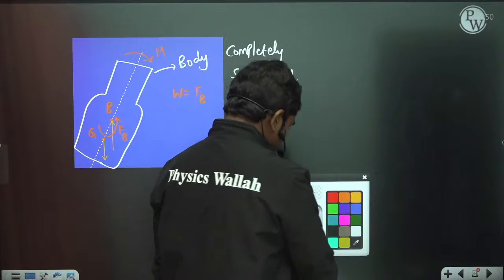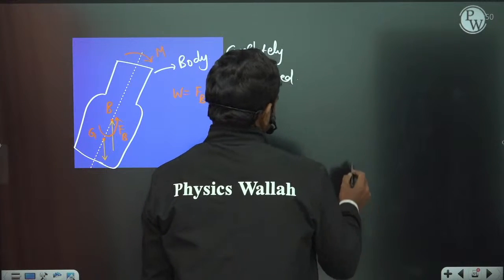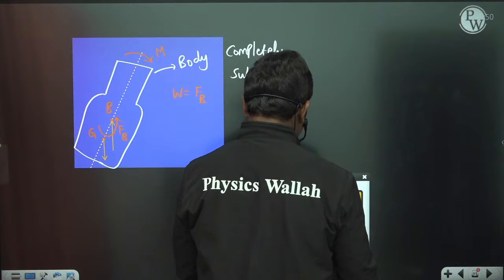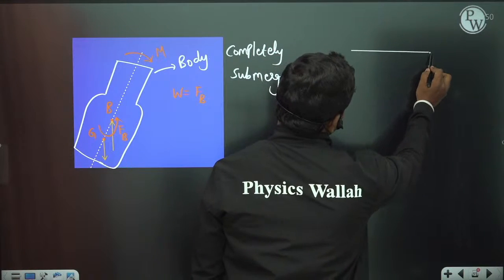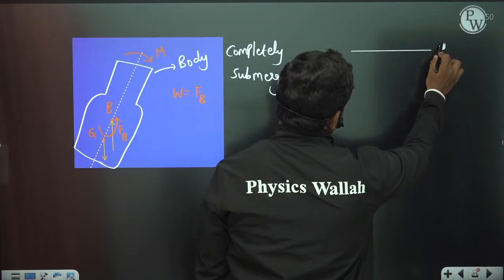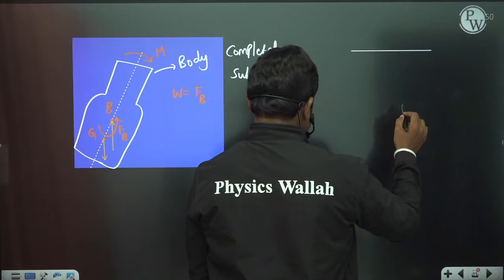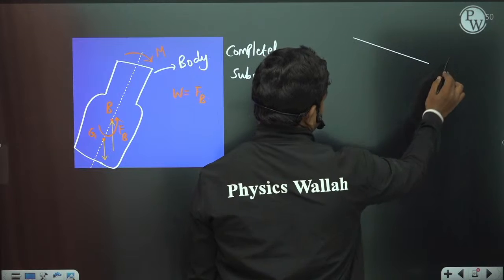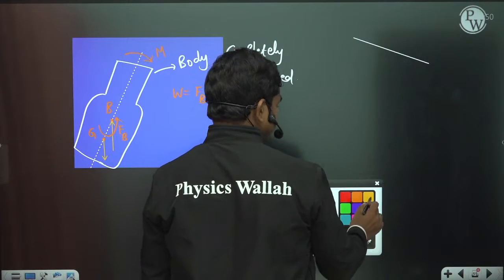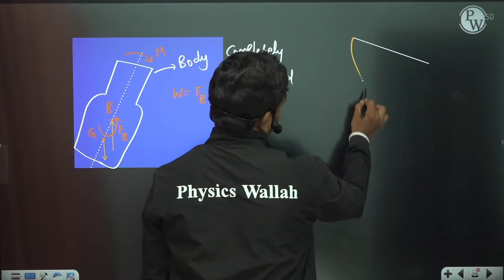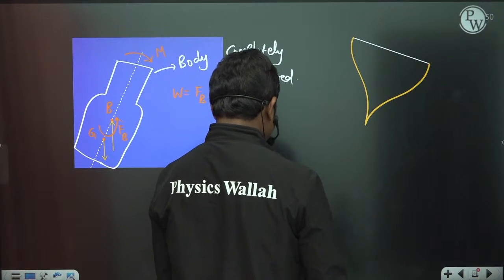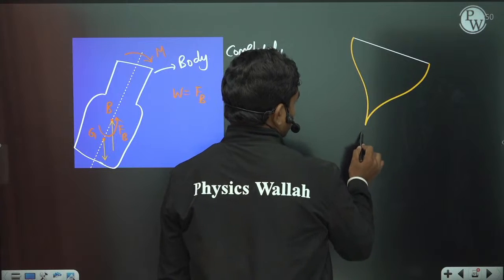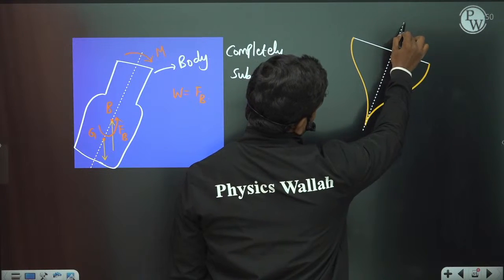Now if you see, let us suppose again you have certain fluid. First of all, let me draw. So let us suppose this is the case of a ship. This is the body axis.